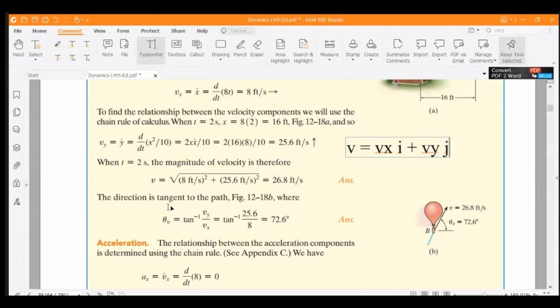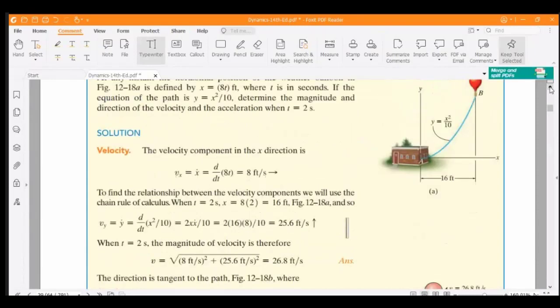Sir, vx should be 16, shouldn't it? No, velocity is not 16, right? Your position is 16. What you are talking about is x equals this, in feet. If t equals 1 it is 8, and t equals 2 it is 16, but this is the position, not the velocity.